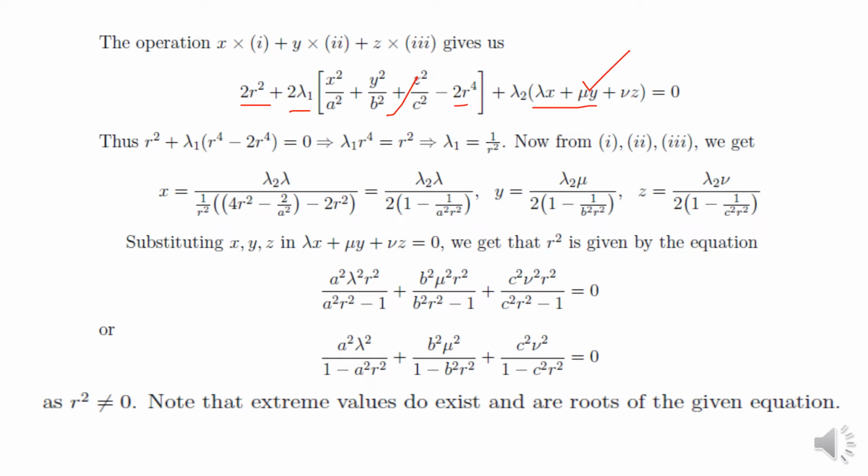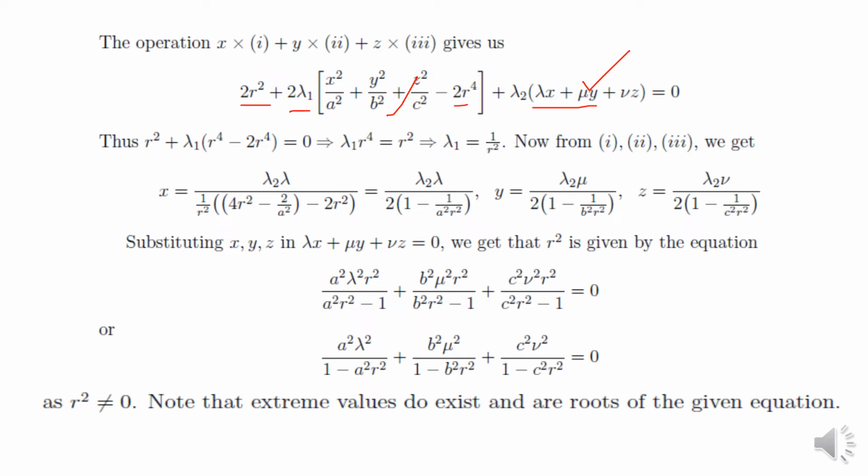And from here we now have twice of r square plus twice of lambda 1 into, from the first equation, r to the power 4, because r square squared is r to the power 4, minus twice of r to the power 4.